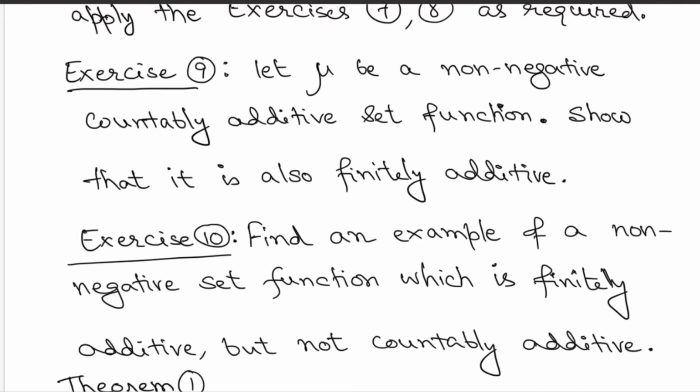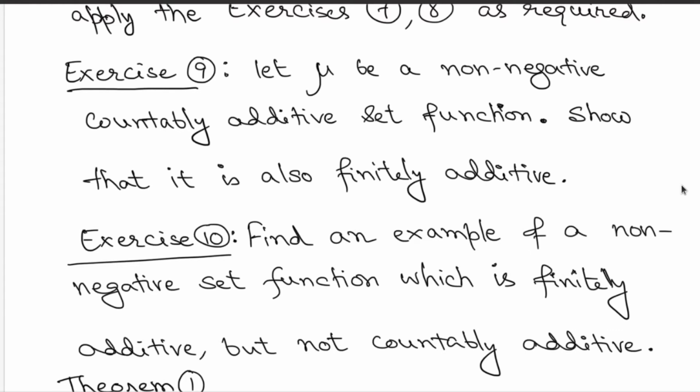You should figure out an example of a non-negative set function which is finitely additive but not countably additive. Try to find this. It's an important example which will help you clarify the difference between finitely additive and countably additive set functions.